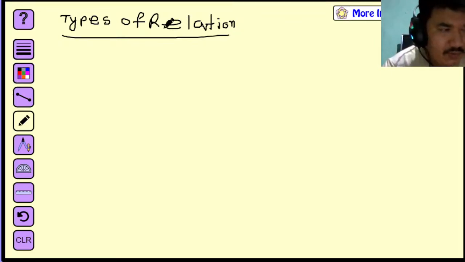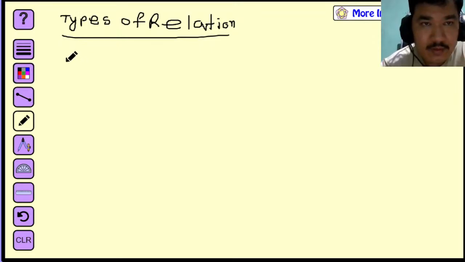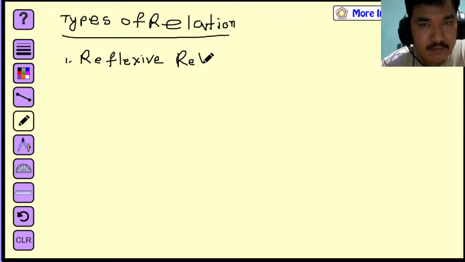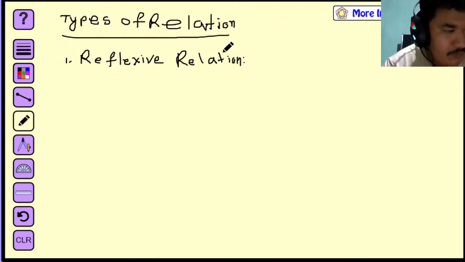In these types of relation, the first one will be reflexive relation. Number one is reflexive relation. And in this relation, what happens?